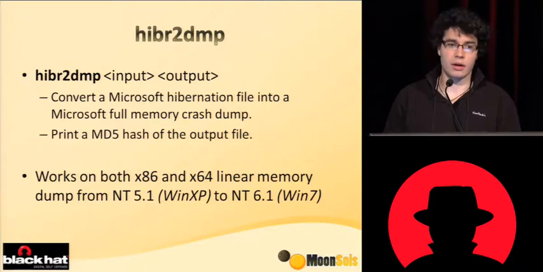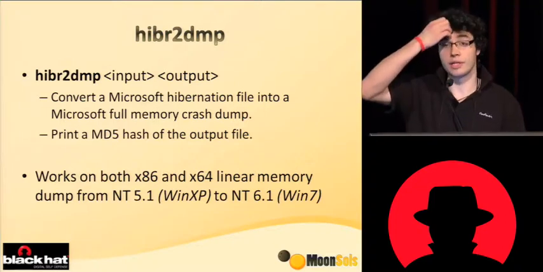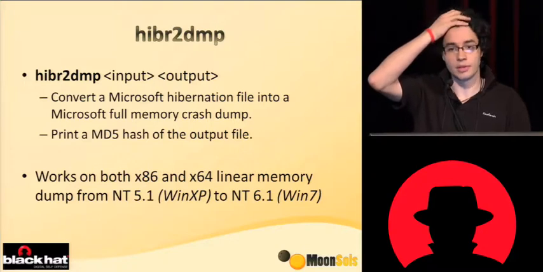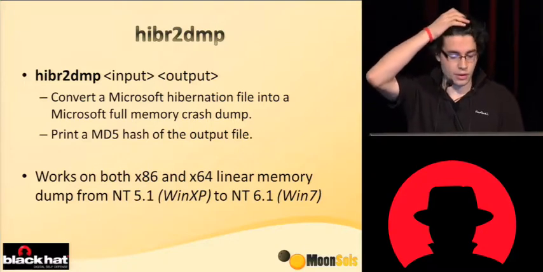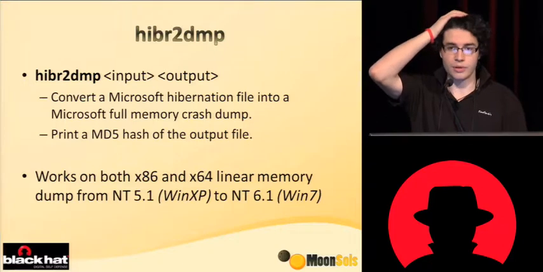So let's say you have your Windows hibernation file of Windows 7 SP1, which is still a beta. You will still be able to analyze it, which is really a challenge for the forensic scene.